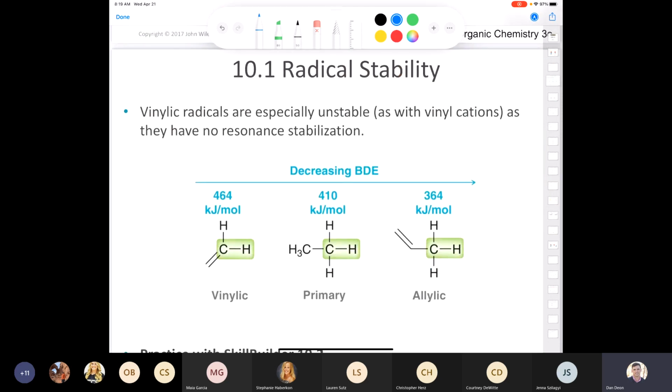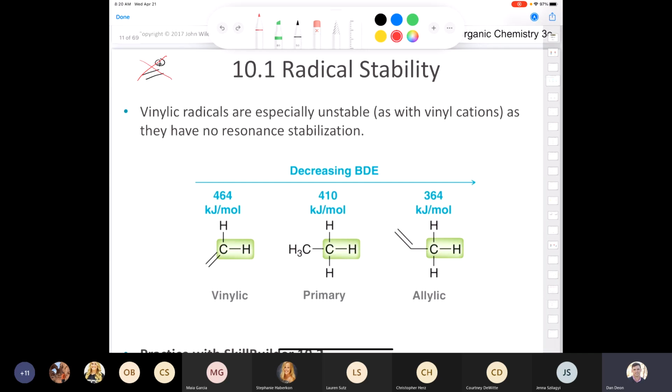And let's talk about a vinyl radical. You remember that I told you that a vinyl carbocation is very unstable. We never see this in organic chemistry. We never see vinyl carbocations. And for the same reason, if you look at the vinylic carbon-hydrogen bond, it's really strong. Okay, it's got a really high bond dissociation energy.